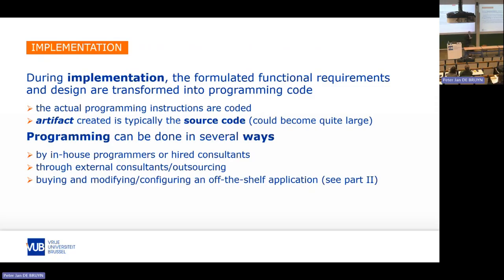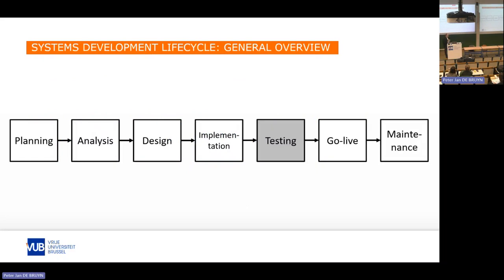So we might not be doing all the programming ourselves. We will take an existing application and we will then do the parameterization, the configuration, and sometimes also the customization of that source code that already exists. So in this case, it's source code which is adapted a little bit.